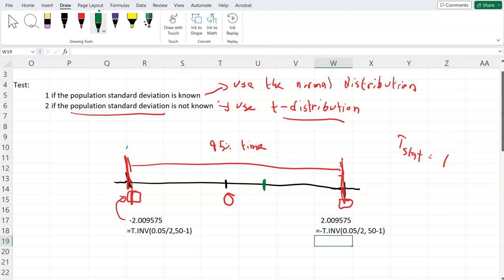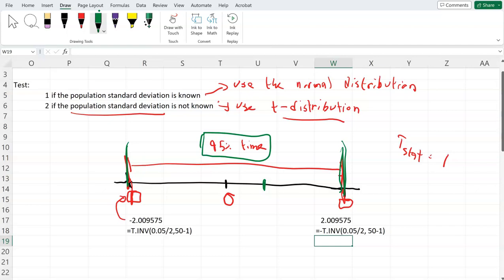It is within this threshold, so we can't say that, okay, well, I know that 95% of the time, if the mean was 50 or 13.4, the sample means should be within this threshold. So we cannot really reject that the population mean has changed.